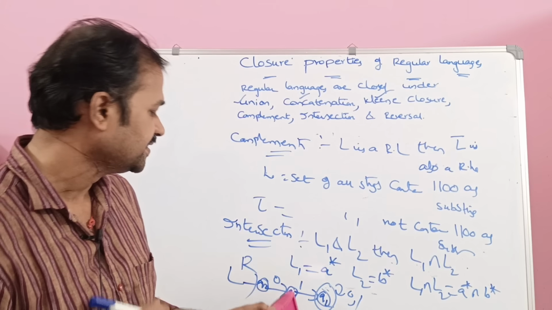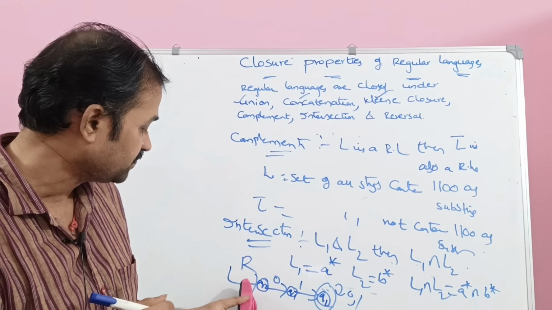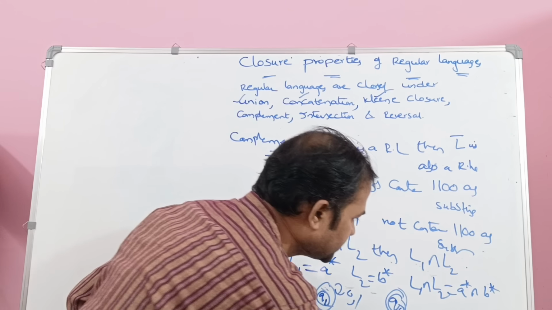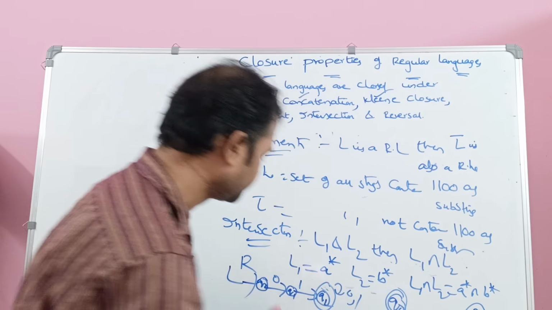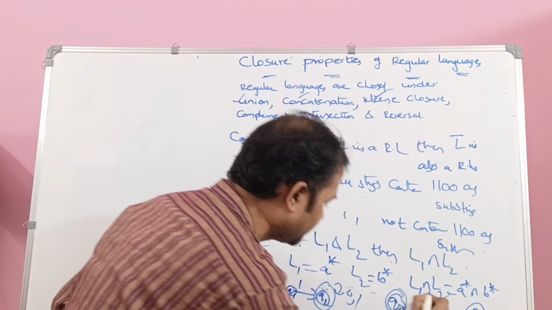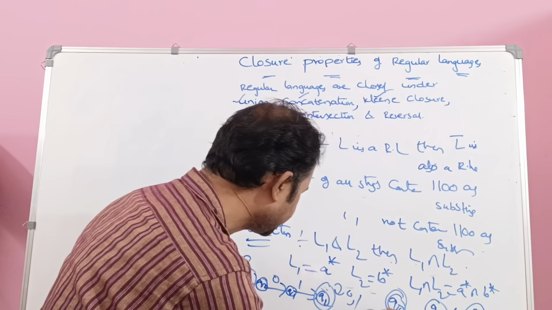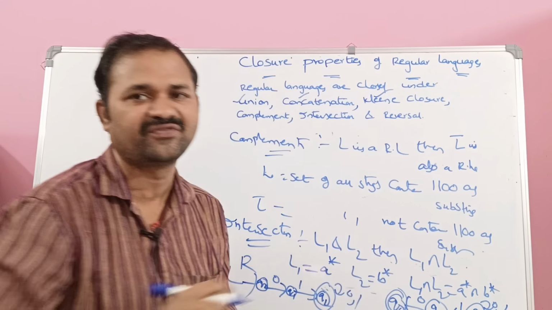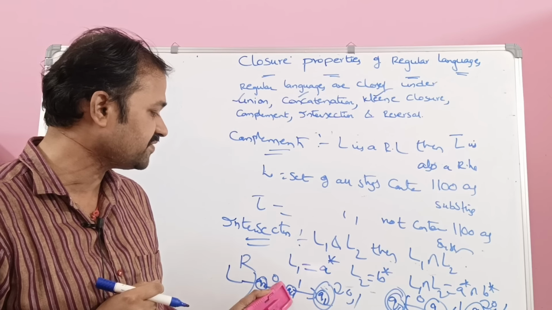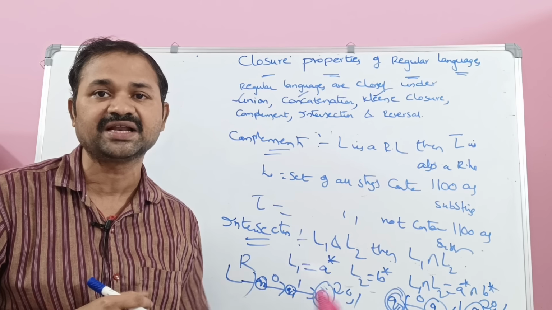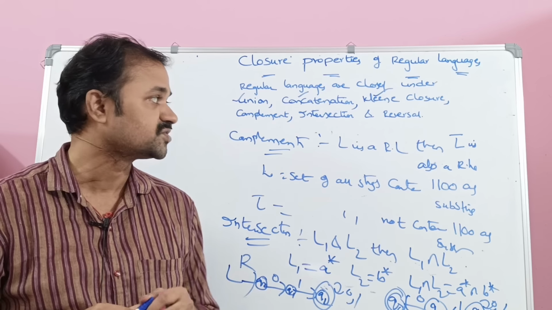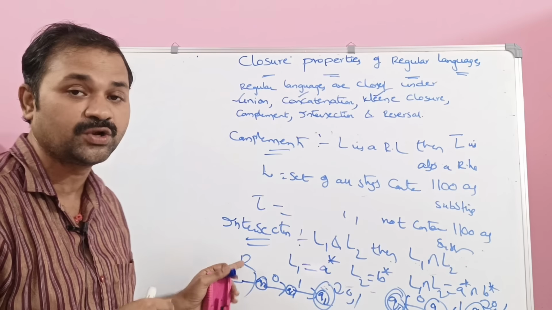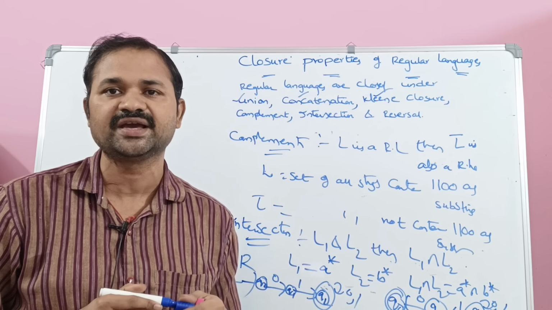Then in the reversal of this finite automata, Q0, the initial state, becomes the final state, whereas Q2, the final state, becomes the initial state. In between we have the Q1 state. Reverse the directions, with transitions 0 and 1. A self loop makes no difference. So this is also a regular language. So if L is a regular language, then the reversal of L, denoted by L power R, is also a regular language.